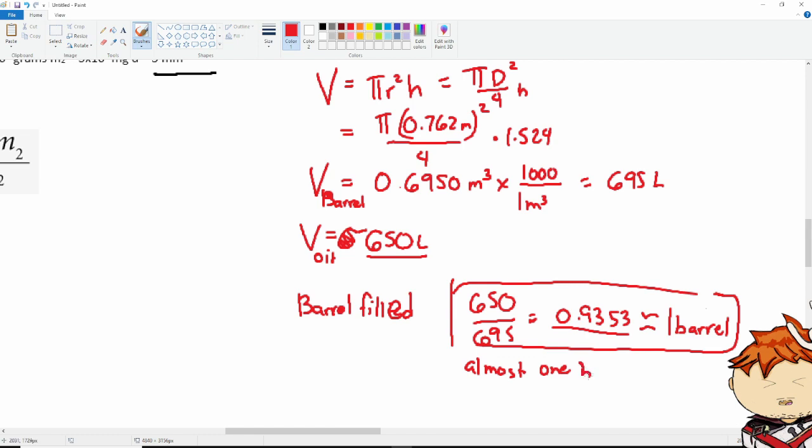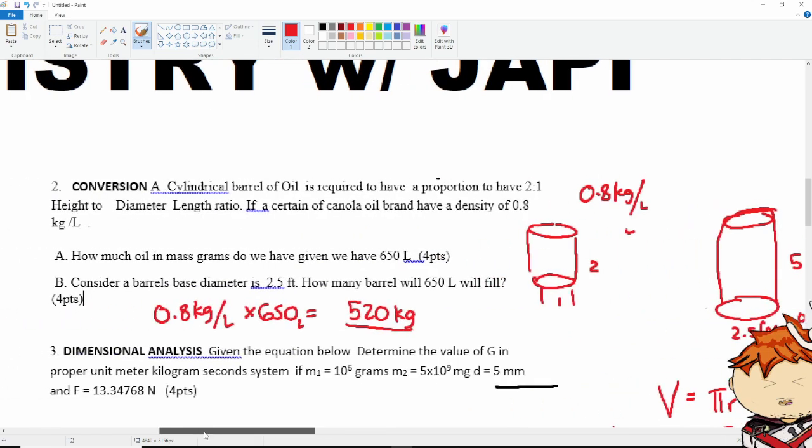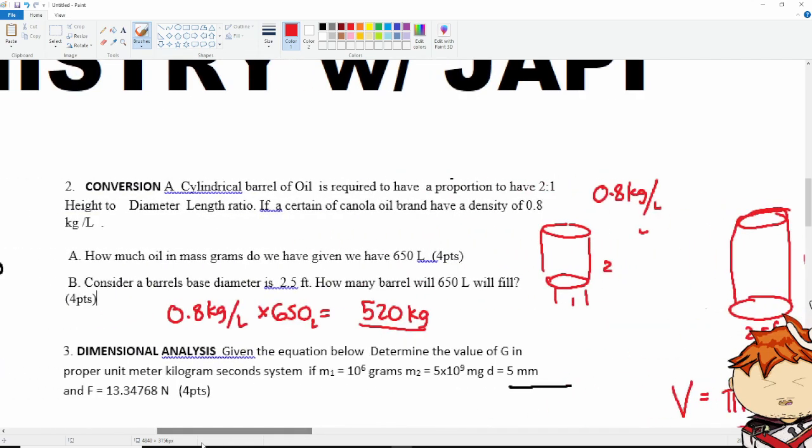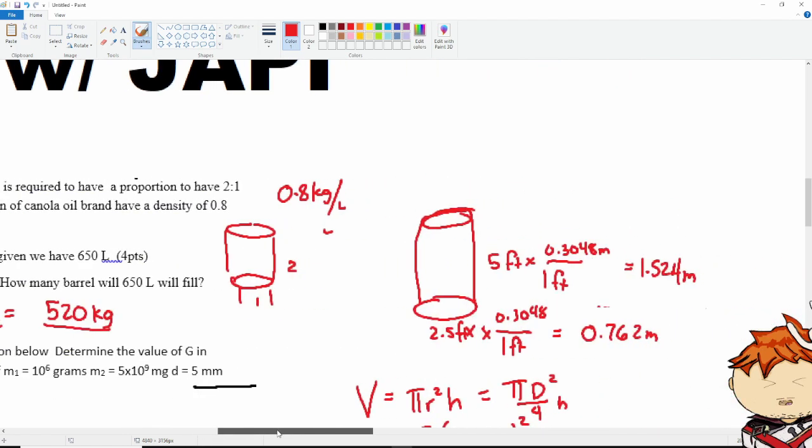How many kilograms is that? How heavy is one? This all weighs 520 kilograms. Well, to be fair, a barrel of 5 feet is pretty big. You know, I'm 5 feet. That's like 1 person and half a person of 2.5.